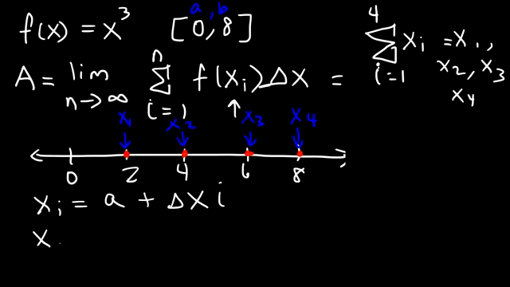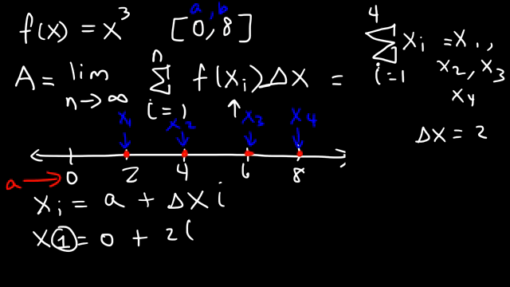If you want to calculate the value of x sub 1 using this formula for the right endpoints, we start with a. Keep in mind a is 0. Delta x, we said, was 8 over 4, which is 2. And i is whatever the subscript is, so i is 1, and this is equal to 2. So x sub 1 is indeed 2.